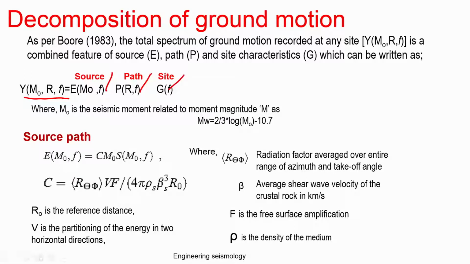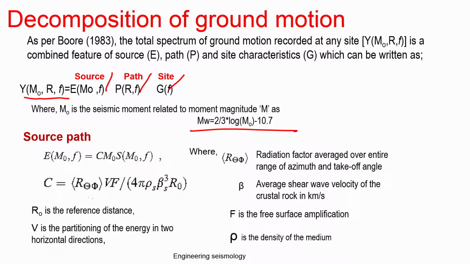As we have seen, the source is controlled by the seismic moment and frequency. M naught is the seismic moment, which is directly related to the magnitude of the earthquake. So, the source effect, the energy at the source, is a function of the seismic moment: S(f) equals C times M naught times the source spectrum of f.